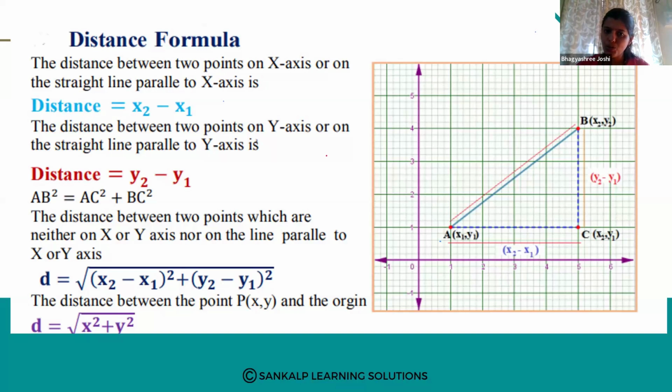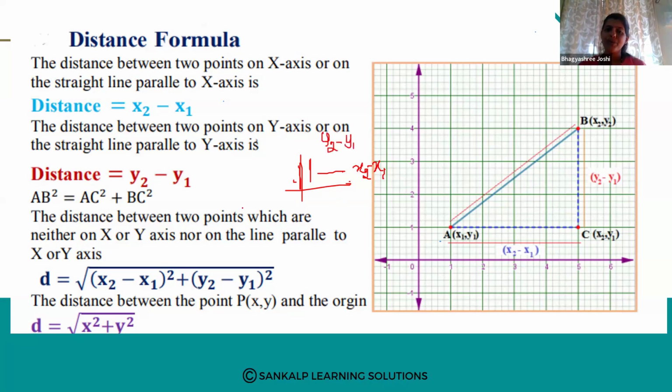The distance between 2 points on the y-axis, or on a straight line parallel to the y-axis, is y2 minus y1, right?